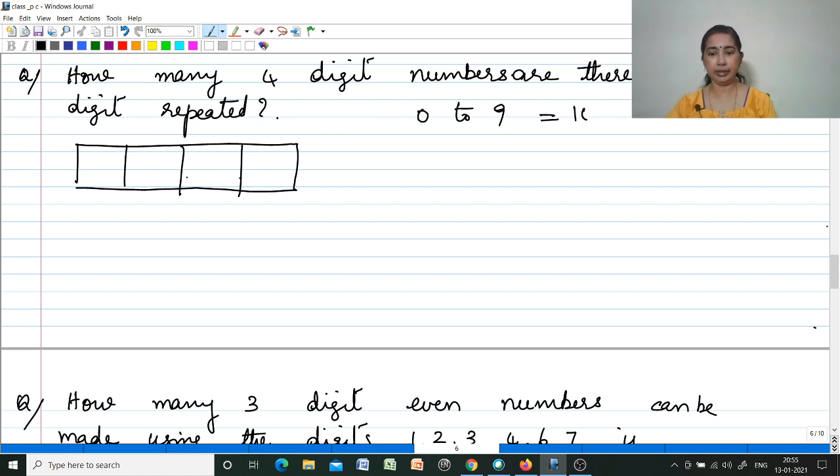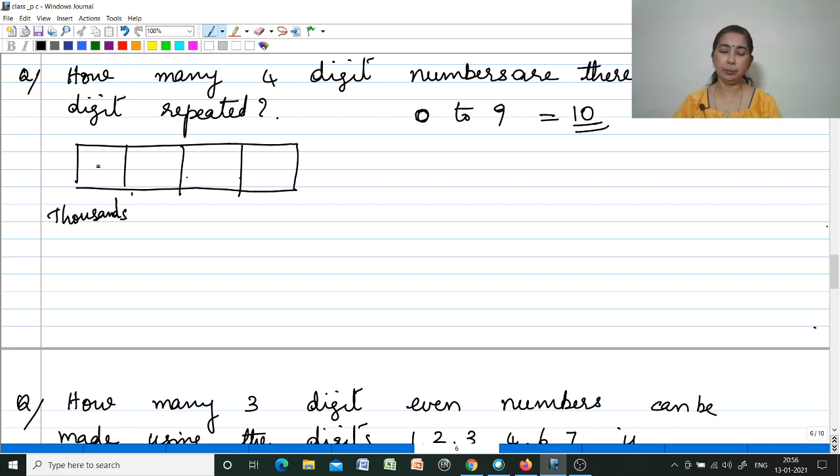That is, there are 10 digits. But in the first place, the thousands place, 0 cannot be placed, because if it is 0 here, the 4-digit number will become a 3-digit number.